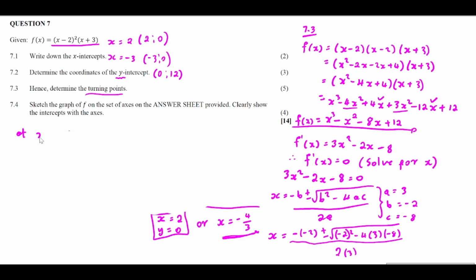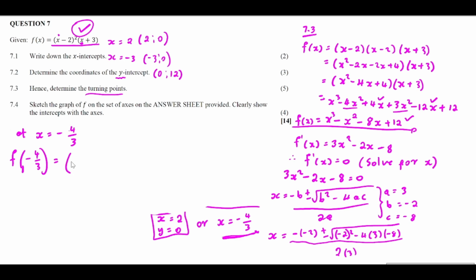At x equals negative 4 divided by 3, we're going to substitute into the original equation. You can use this one, but I think it's much easier to use this one here because you're just substituting twice. We've just said these two equations are the same, so I'm going to use this one here.